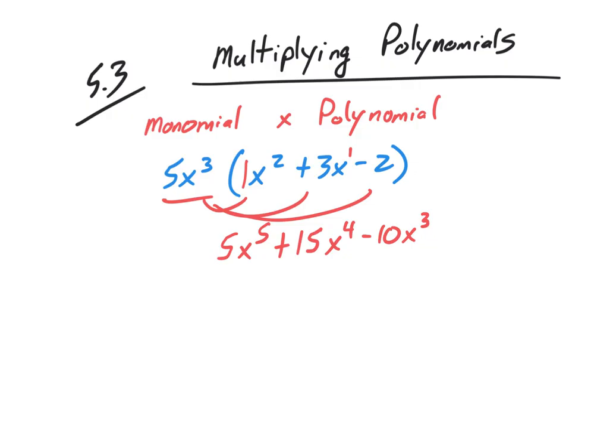All of those are different. None of those can be combined together. So that is our answer. Okay, so that is a monomial times some type of polynomial. Doesn't matter how many terms. Basically, it's just distribute.